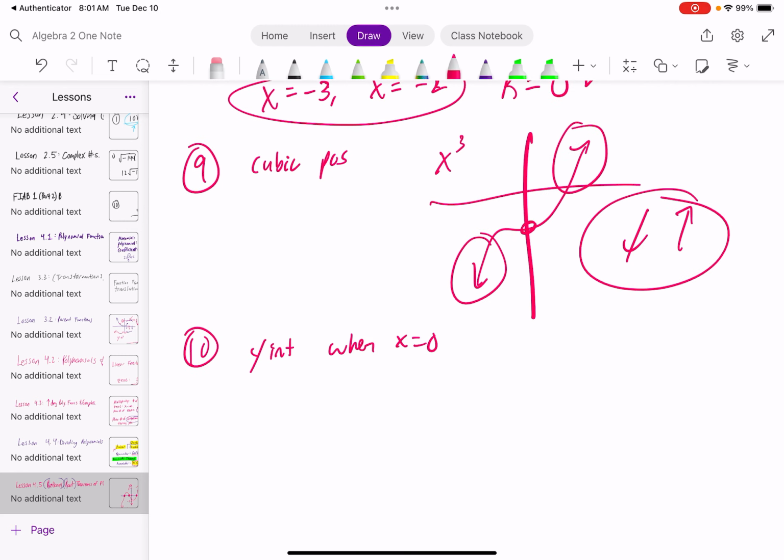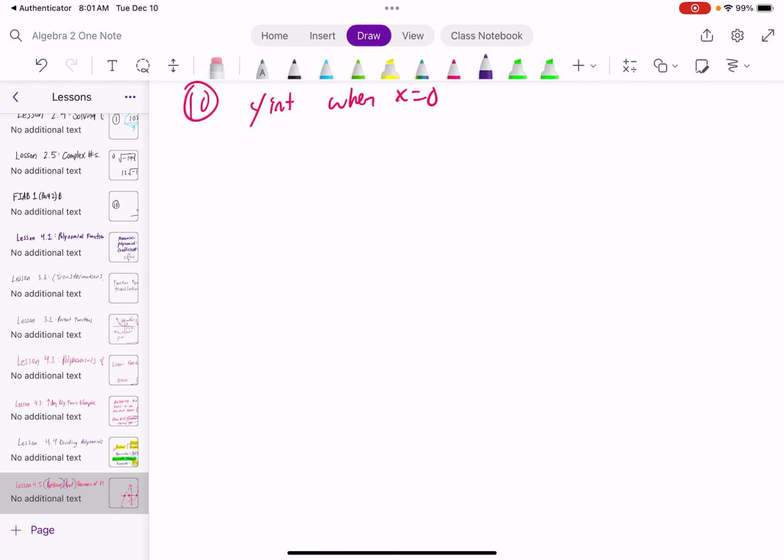Well, you would get the y-intercept here when your x value is not 5, not -5, but when it's 0. That's when you get your y-intercept. So f of 0, if you plug it in, you get -6. So your y-intercept is 0, -6.